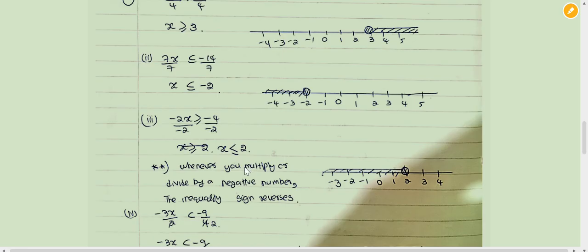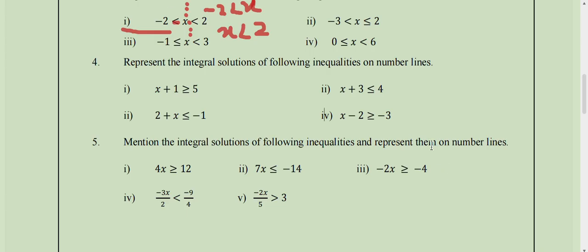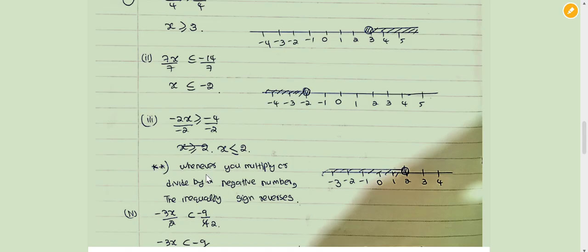What does that mean? Here, minus 2x is greater than or equal to minus 4, right? When you divide by minus 2, this minus 2 is a negative number, right? So when you divide by a negative number, the inequality sign reverses.